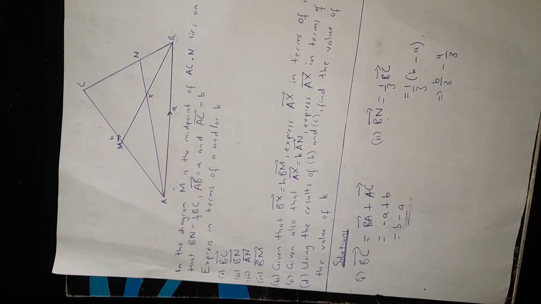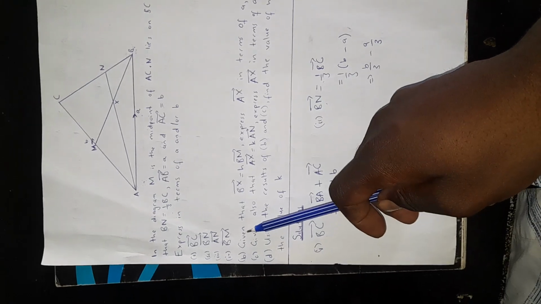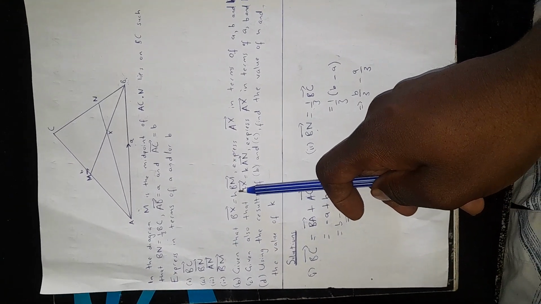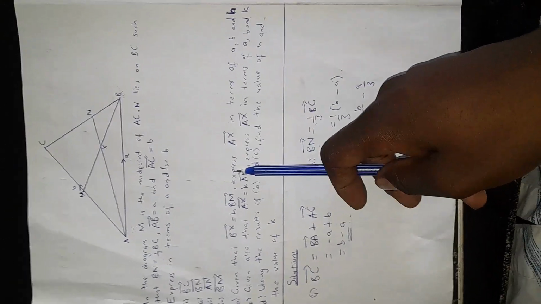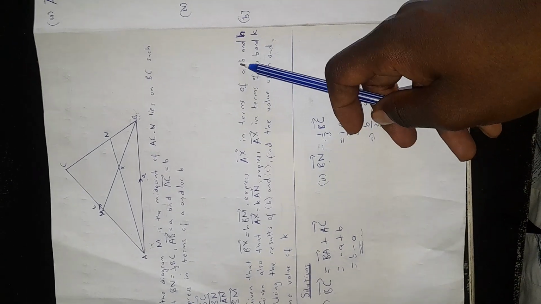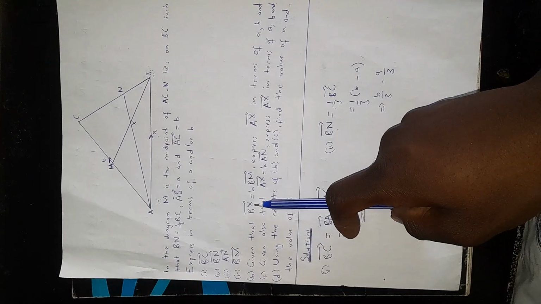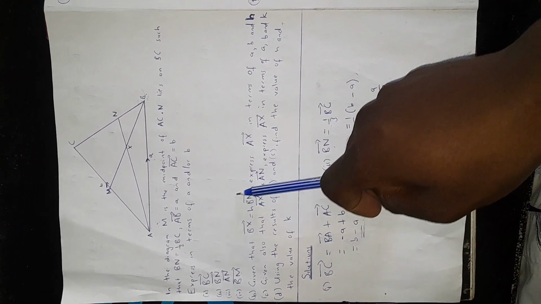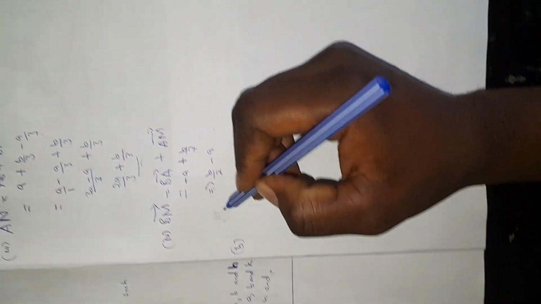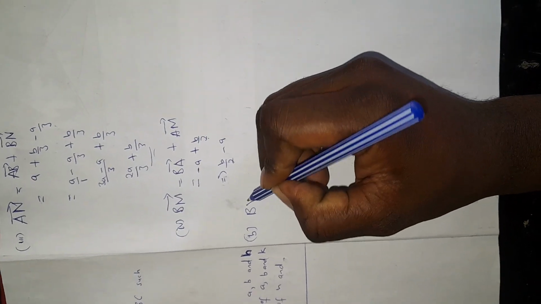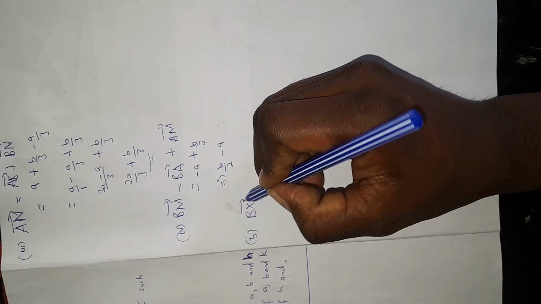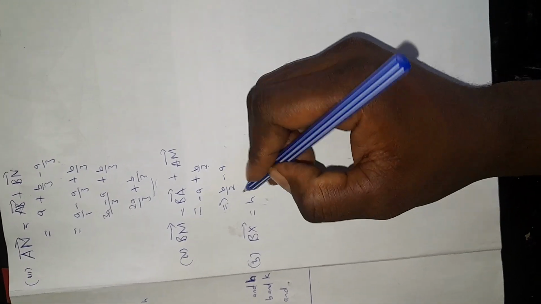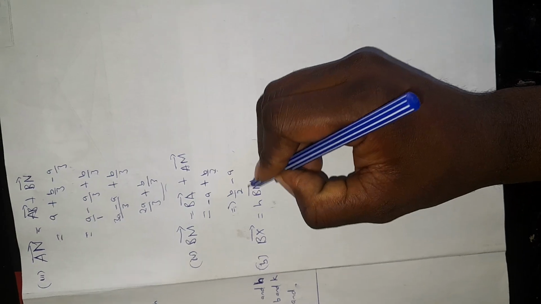Then we are now on question B. They are given that BX equals HBM. Express AX in terms of A, B, and H. So we start by finding the expression for BX, which is equal to HBM.